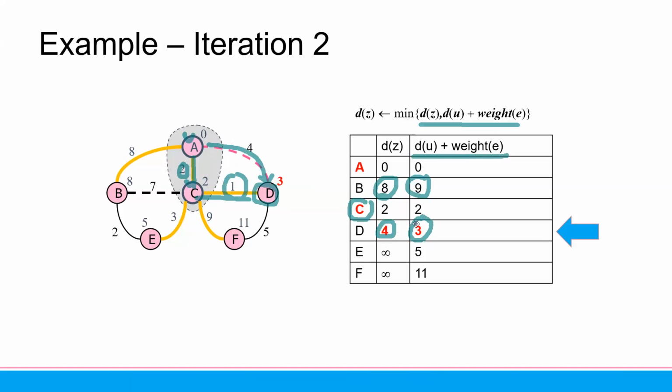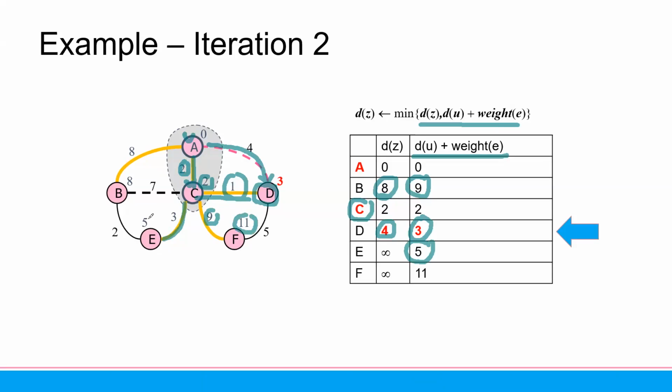Okay. And then we have new values for E and F. For E and F, we can check if we want to go from A to E. So we have 2 plus 3. Yeah, there's a possible value, which is 5. From A to F, there's a possible value, which is 2 plus 9, which is 11.